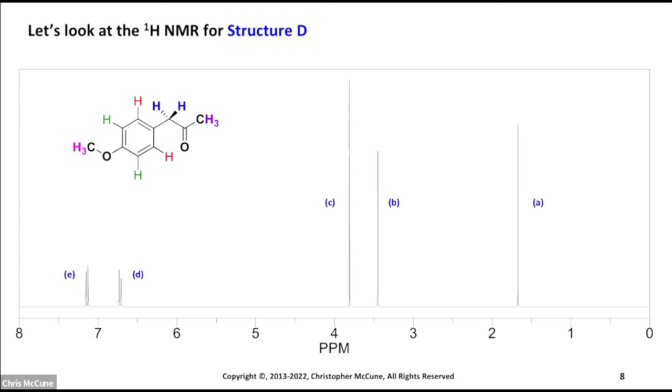So for example, if there's the same number of hydrogens that give rise to this peak as there is this peak, then these two integrals are going to be the same. Okay. So it's a relative number of hydrogens that give rise to each peak. It's basically a ratio for all the different integrals in the structure. But I'll show you more in a different video.